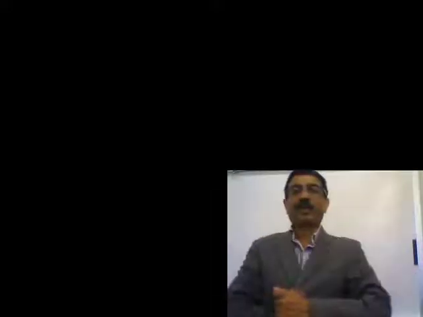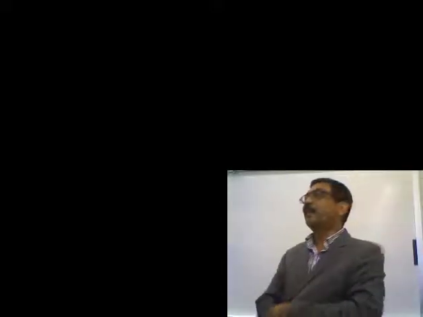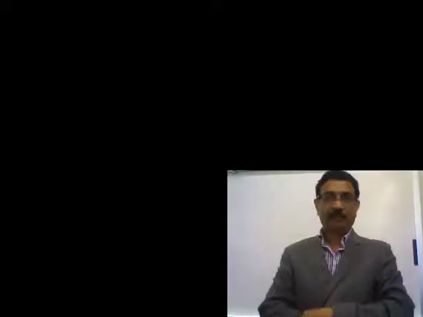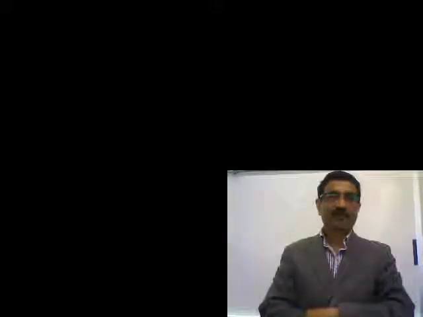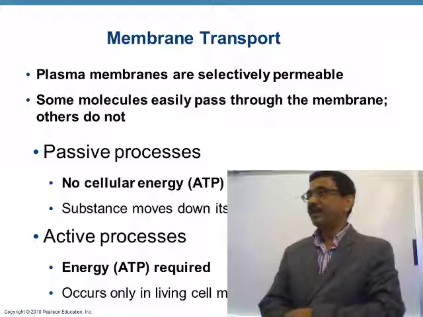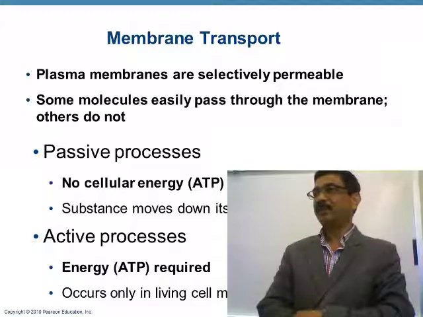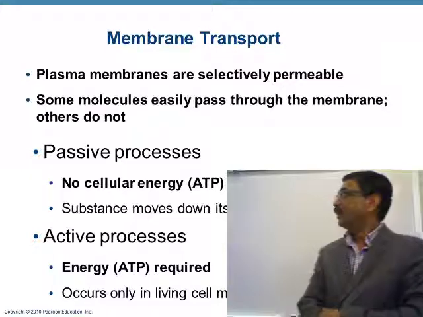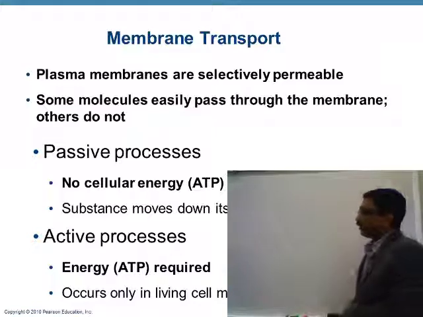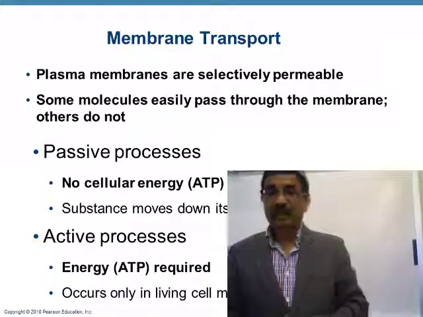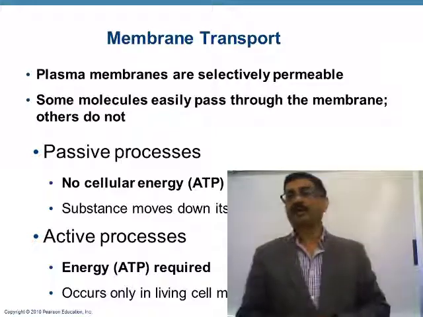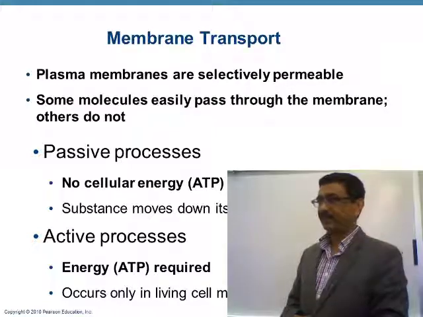Now we'll see the transport across the cell membrane. You know that the cell membrane is a semi-permeable membrane. That means what? That means it is selectively permeable, partially permeable. It allows some chemicals but doesn't allow others. So through the cell membrane, transport occurs by two processes.